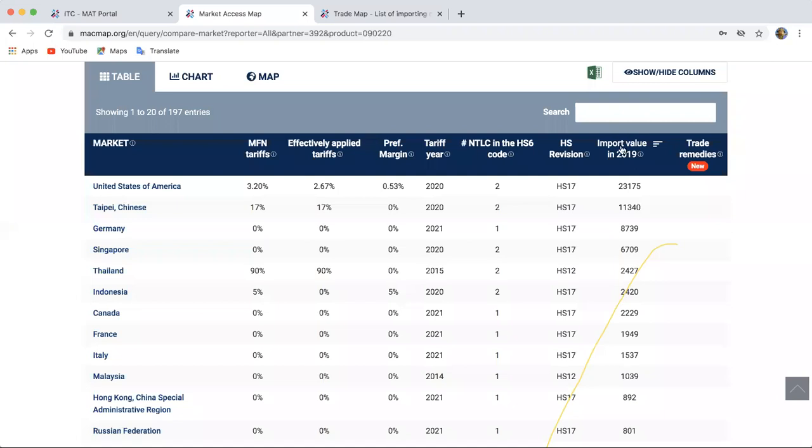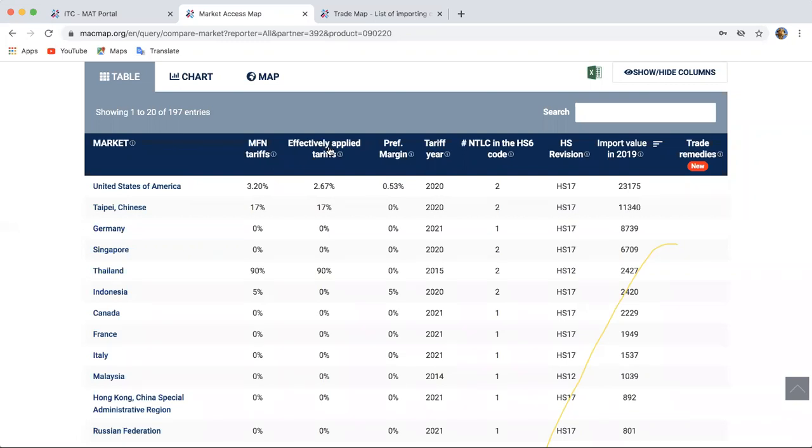So this column is linked to the TradeMap column on imported value in 2019. It's also in $1,000 US, by the way. So it's important to keep in mind. And you can see here the US is the top importer of Japanese green tea. We can see that there is a 3.20% MFN tariff. We can see the effectively applied tariffs.